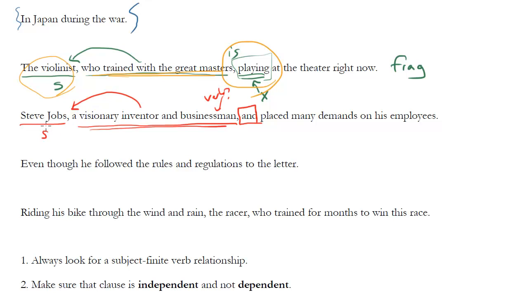If the sentence says, Steve Jobs, a visionary inventor and businessman, was very strict and placed many demands on his employees, that would work, right? Because then we'd have a main verb to go with Steve Jobs, and then we can complete the compound predicate here, and placed many demands. But as written, we're missing a main verb. So even though it's long and it does have a verb right here, it's still a fragment because this does not have any relationship to any verb in the sentence.